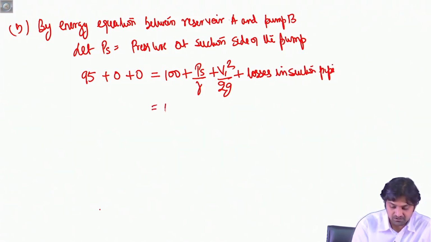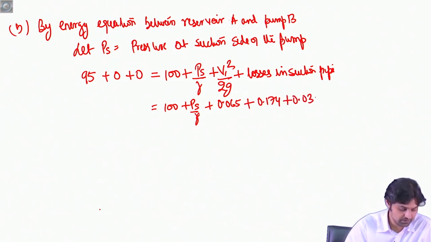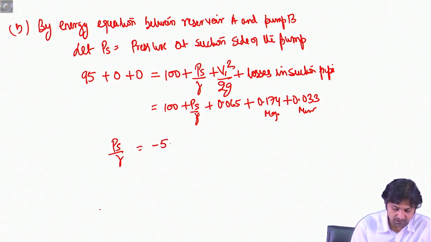So this will be 100 plus PS by gamma, and V1 squared by 2g is going to be 0.065 because V1 we have already found, plus losses in the suction pipe: 0.174 major and 0.033 minor. So PS by gamma can be found to be minus 5.272 meters.